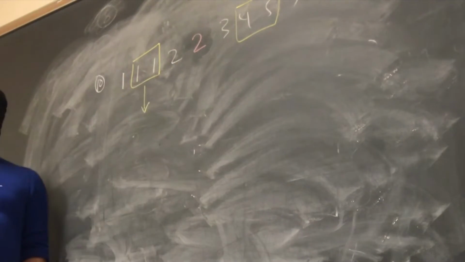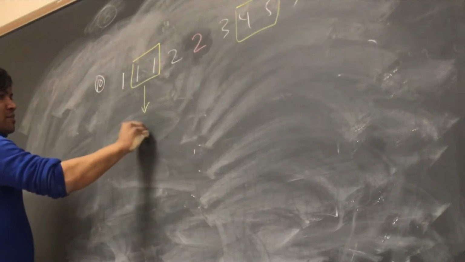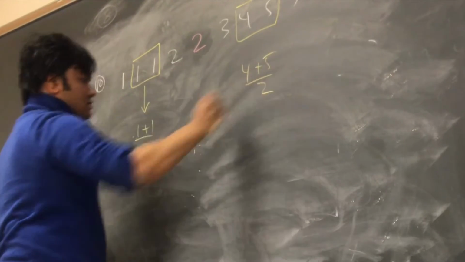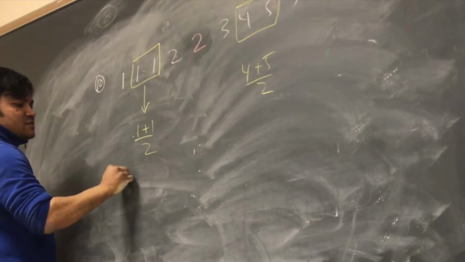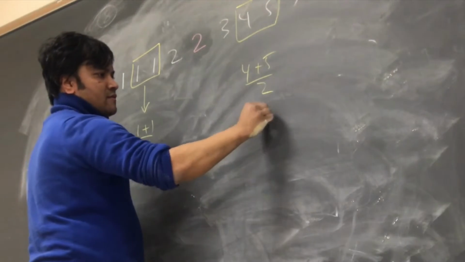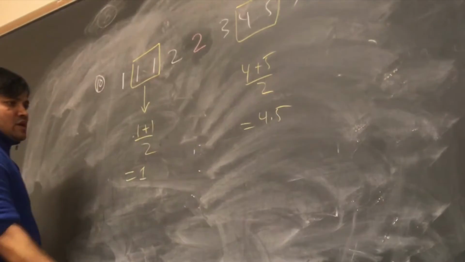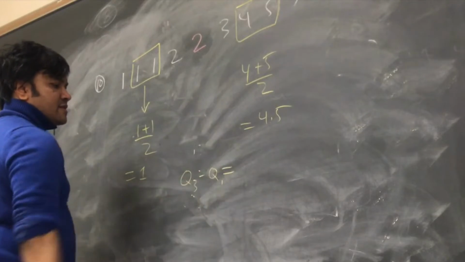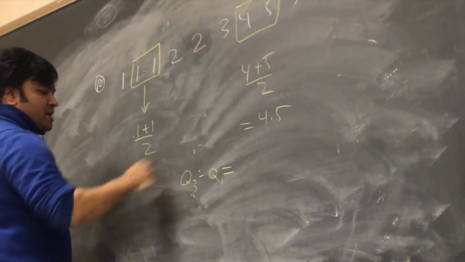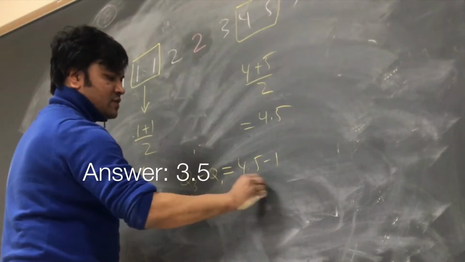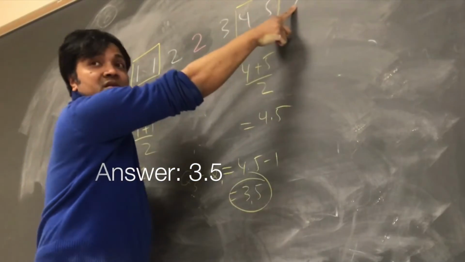So let's calculate Q1: 1 plus 1 over 2, and 4 plus 5 over 2. So this is 1, and this is 4.5. Then Q3 minus Q1 is 4.5 minus 1, so it's 3.5. So the answer is the same, although I changed it from 10 to 9.